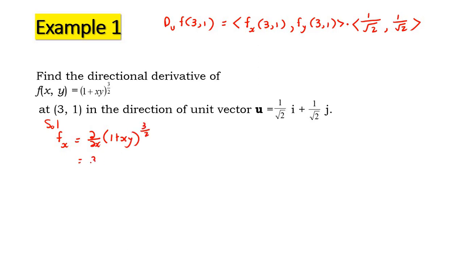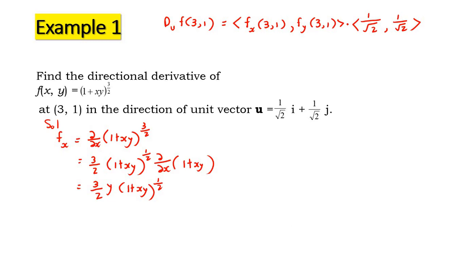So we have 3 over 2, (1 plus xy), the power will be decreased by 1, so becomes half. And then we need del x of (1 plus xy). Del x of 1 is 0, del x of xy we have y. So you get 3 over 2 y (1 plus xy) power half.